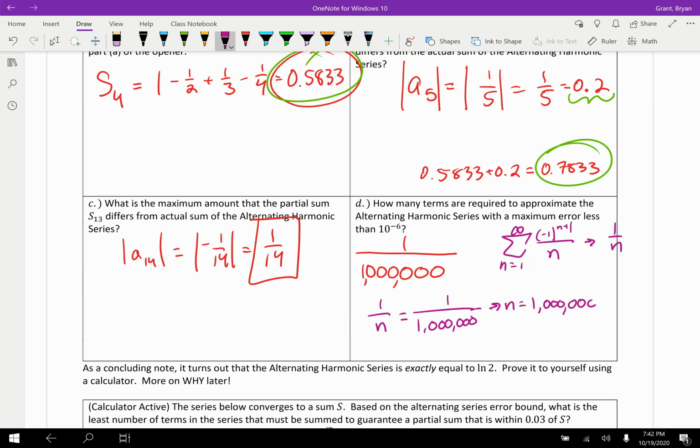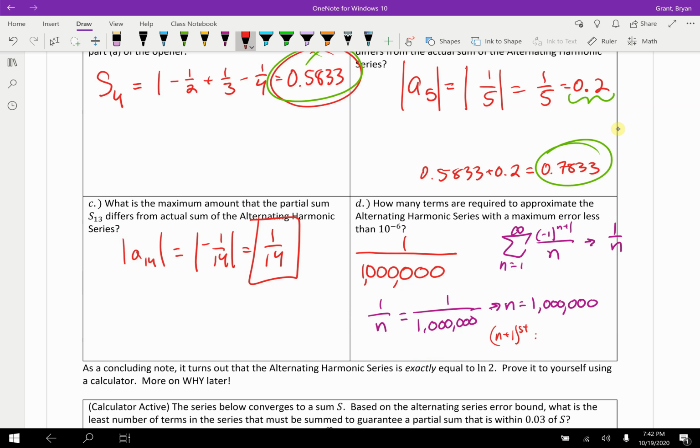Well, hopefully we can see that n has to be 1,000,000. Now, we need to be careful, because if we add up the first million terms in the alternating harmonic series, we're not going to be off by an error less than that, right? In fact, if we add up the millionth term, the amount that we're off by is actually the term after that. So the n plus first term, right?